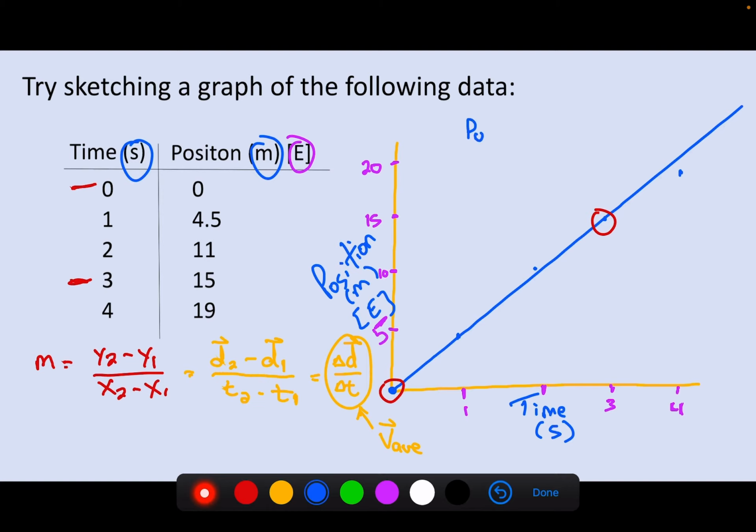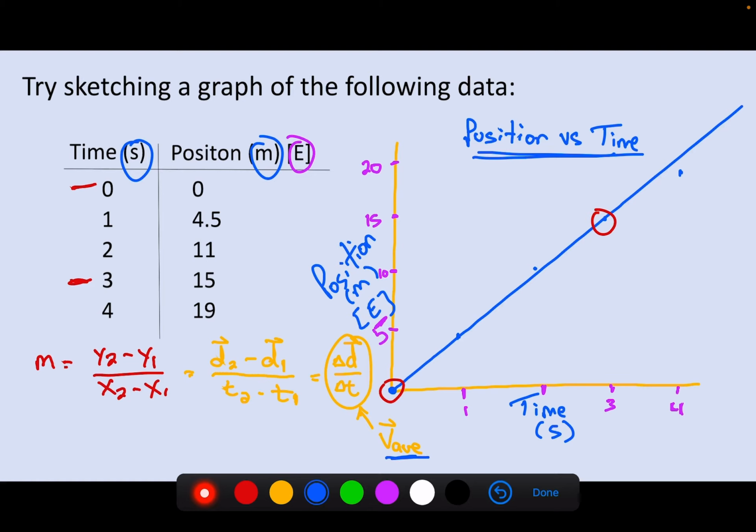This graph has our y-axis, position, versus our x-axis, time. The slope of a position versus time graph is average velocity. That's an important little detail.